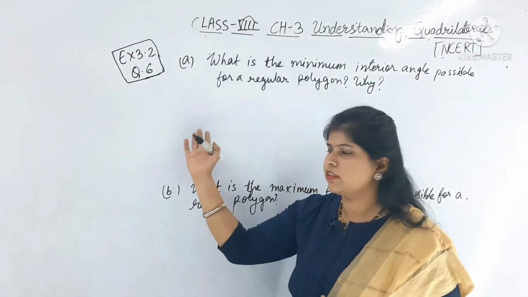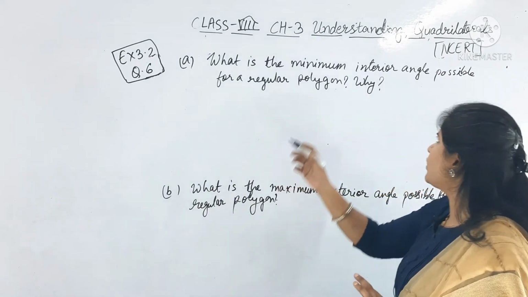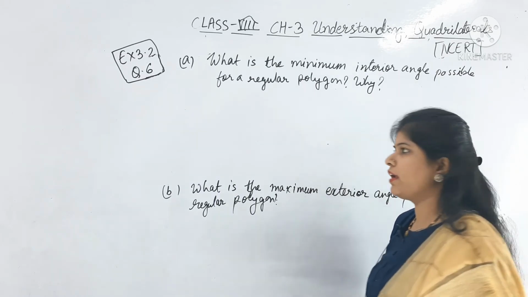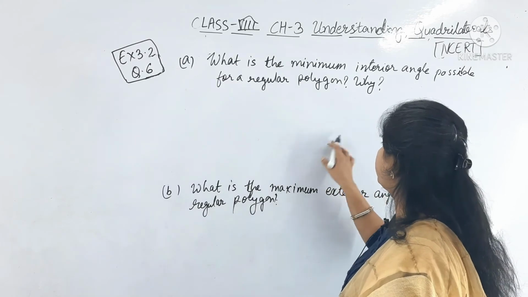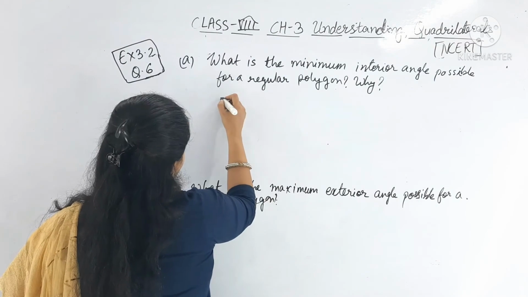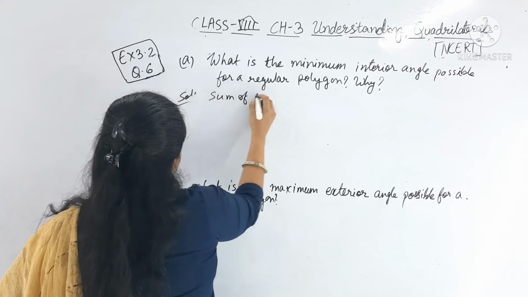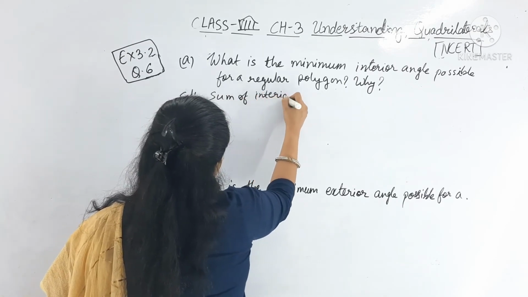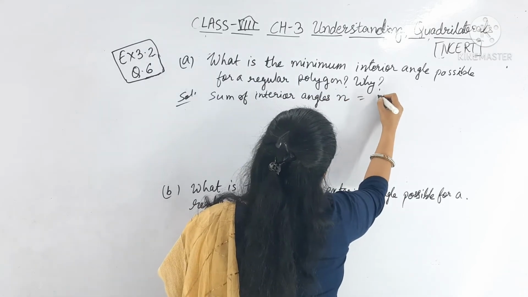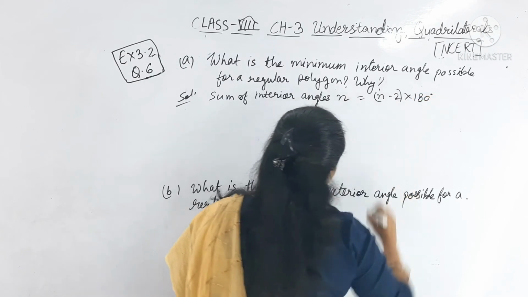Okay students, this is the last question of exercise 3.2, that is question number 6. First part: what is the minimum interior angle possible for a regular polygon and why? Okay, we have to say the reason also. Here you can see the sum of interior angles of a polygon of n sides is n minus 2 into 180 degrees, right?